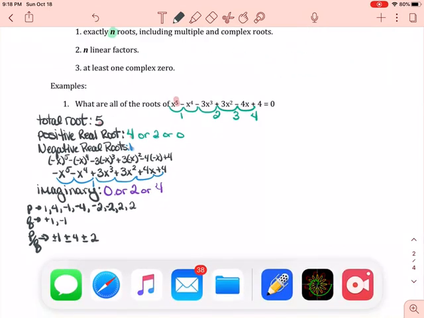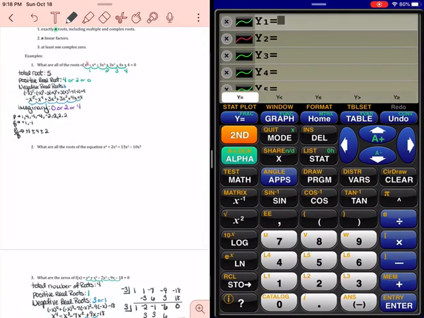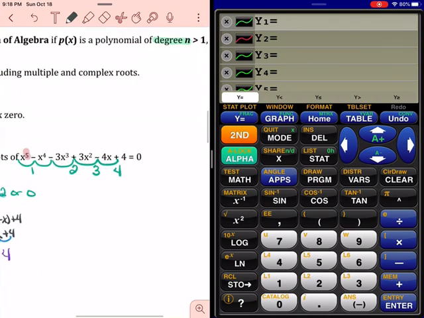Again, we're going to use our calculator to make our lives so much easier. So we're going to put our equation into y equals.